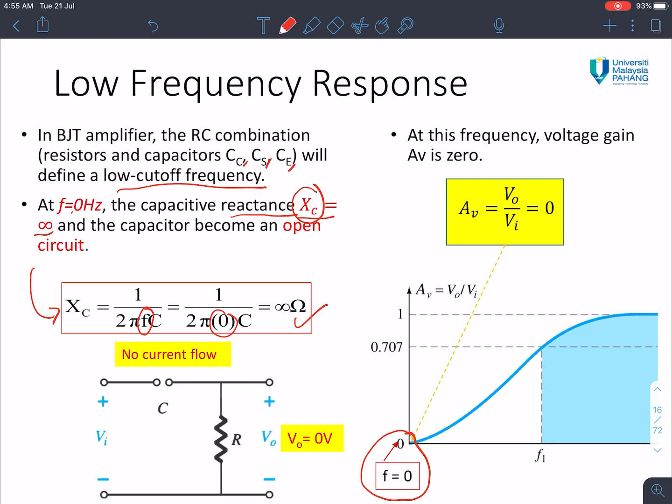So this capacitor is now an open circuit, so no current flows here. Therefore I equals 0, so V out equals 0, and we get gain equal to 0. Our gain is here, 0, meaning that at F equal to 0, the gain is 0.